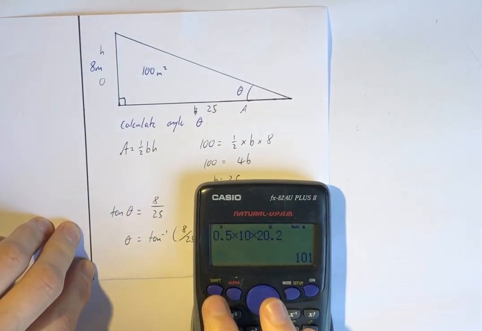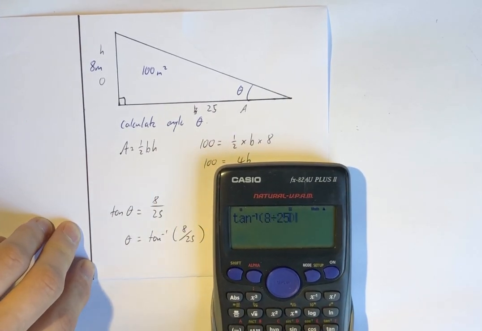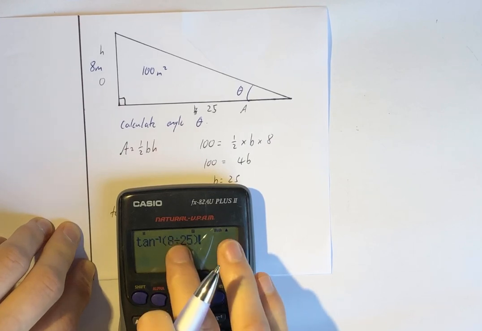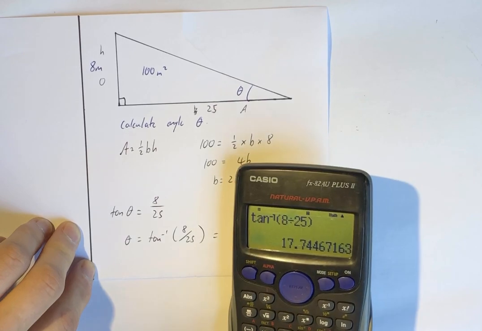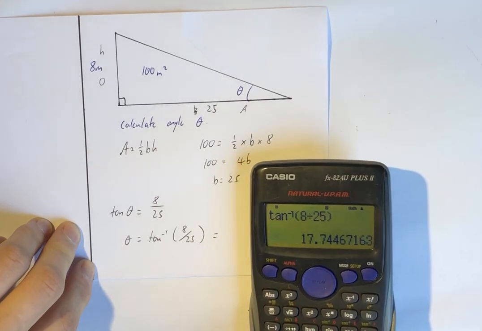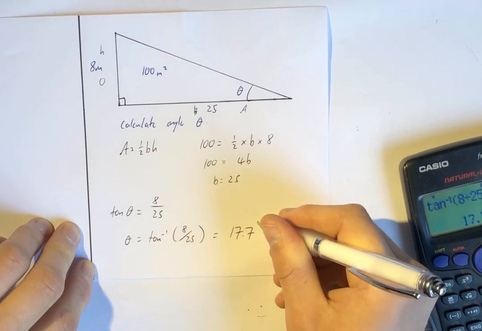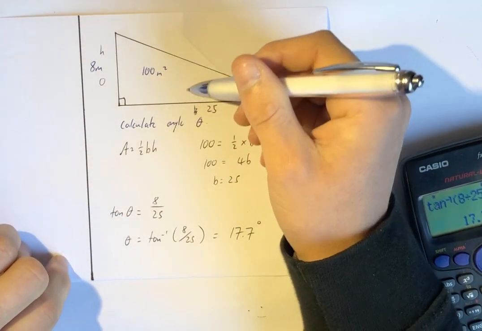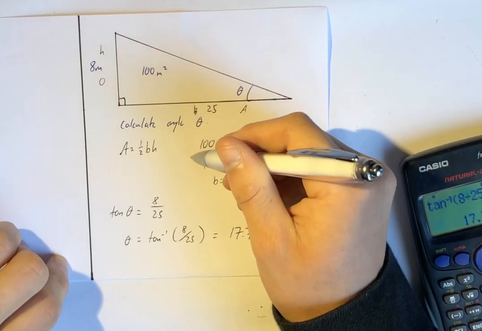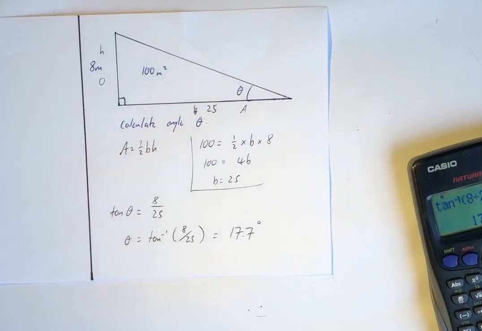So on my calculator, that's a shift tan to get me the inverse. 8 divided by 25, close that bracket, so I'm making sure that that operation is inside the tan inverse. I hit equals 17.7. And I can't forget my units of measurement, and that's an angle. So that was a little tricky, all right? A little bit of understanding of area there, and even a little bit of algebraic manipulation, but you should be pretty comfortable with that. Nice.